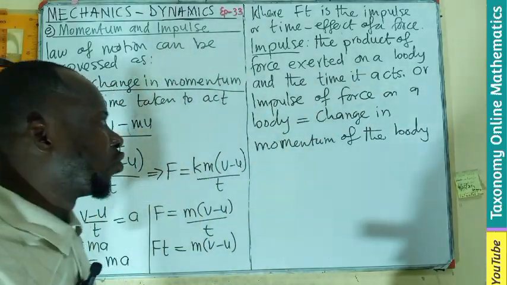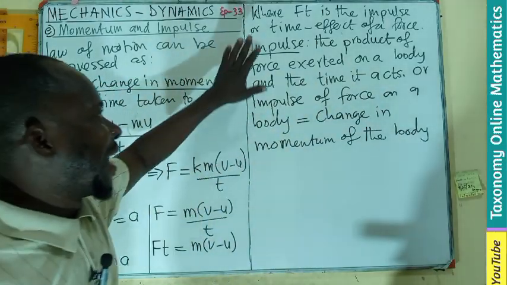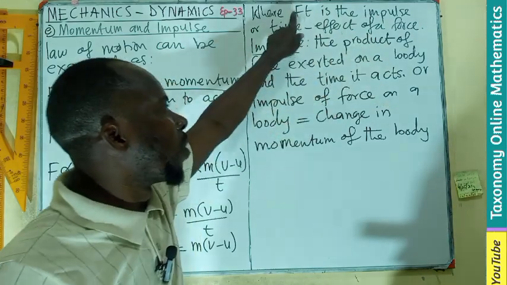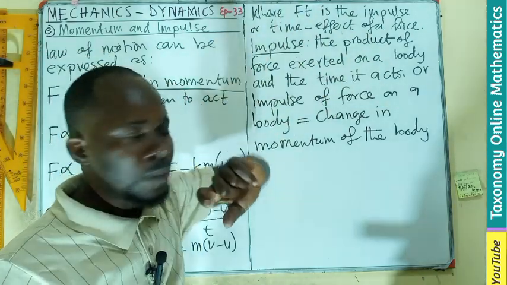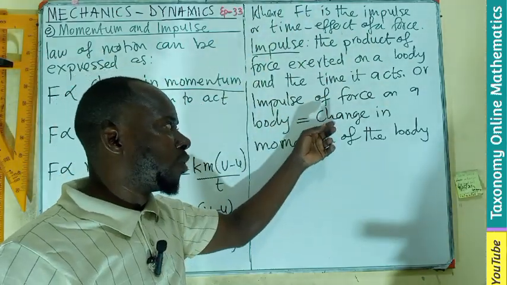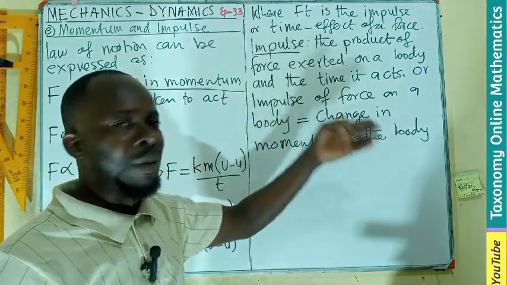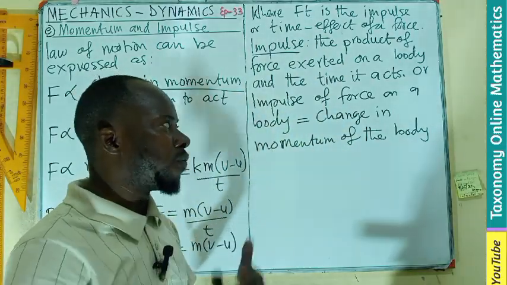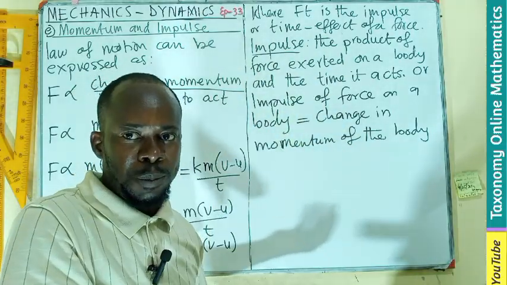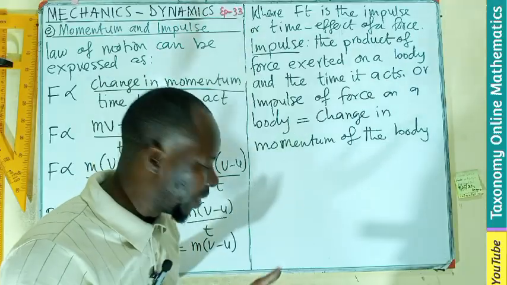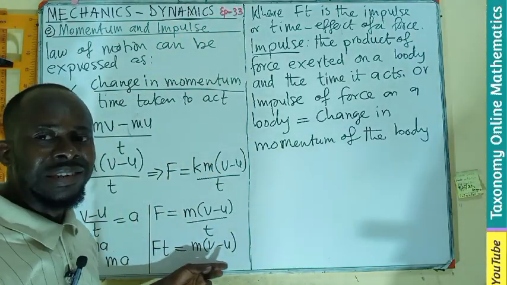By the two definitions, we can either define it as the product of the force exerted and the time it acts, or simply put, the change in momentum of the body is the impulse of the force on that body. The two definitions stem from this side.